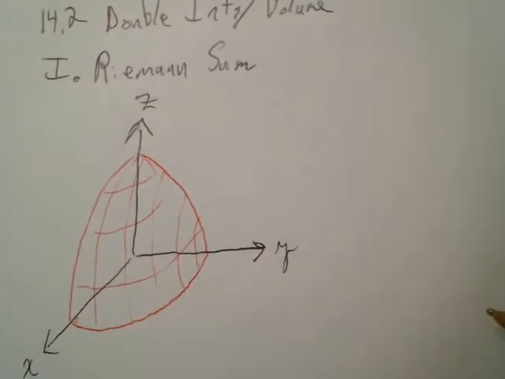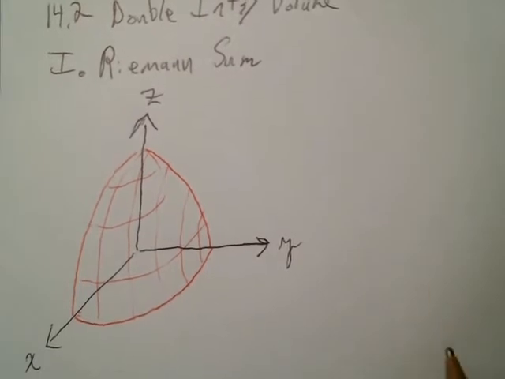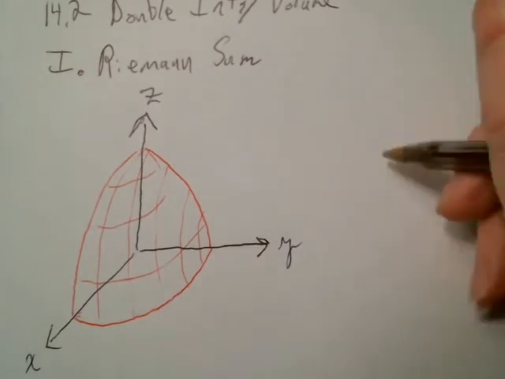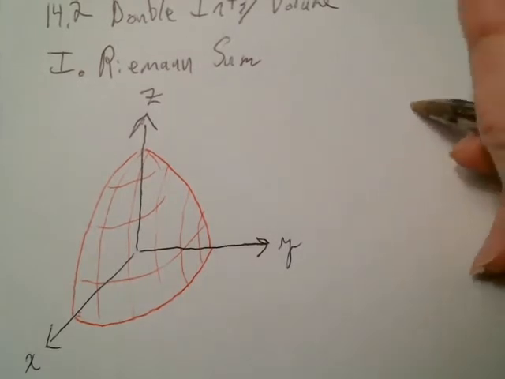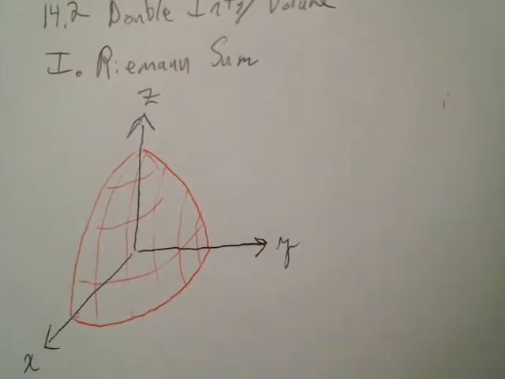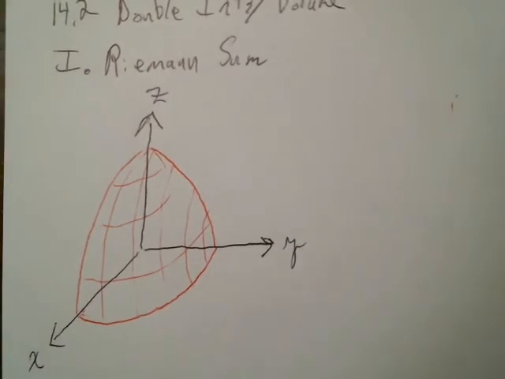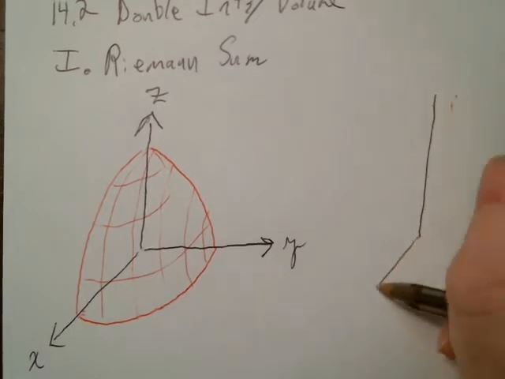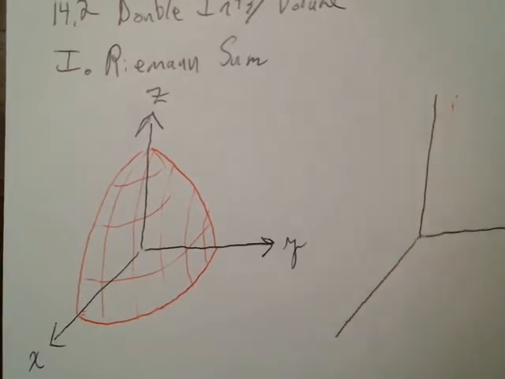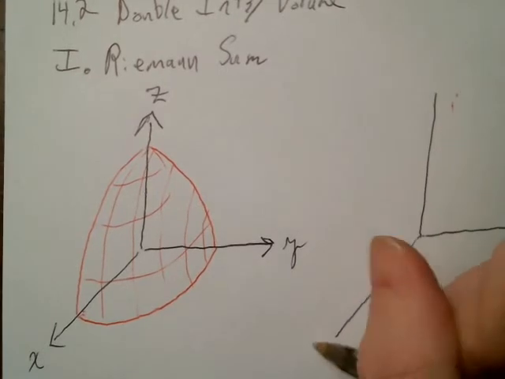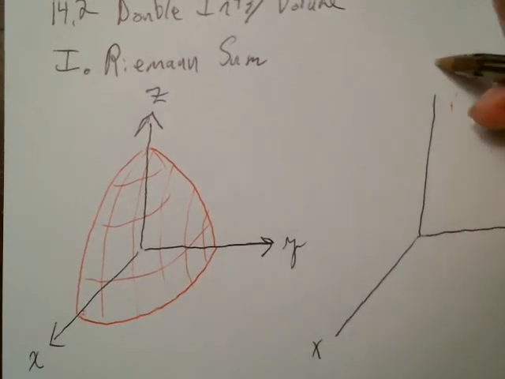So what I'm going to do is chop up this whole region, this xy plane, into a bunch of rectangles. It's similar to what we did in Calc 1, where we chopped up the number line into a bunch of subintervals. Okay, so here we go, the same sort of graph, x, y, and z.